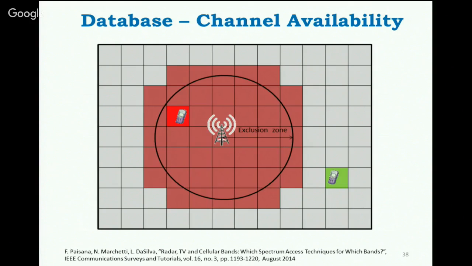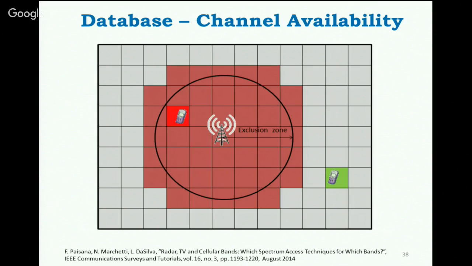So that's why in this figure, for example, we see that this pixel where the communication of the secondary user was supposed to take place, we basically color this pixel with red, right? On the other hand, if you are outside of the exclusion zone, we color it with green, because that means that here you're not disturbing the primary user.